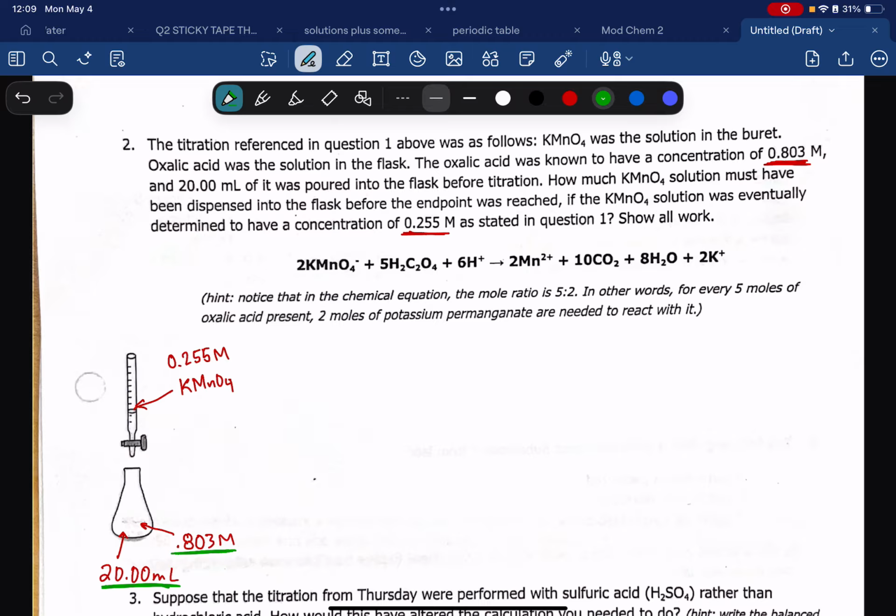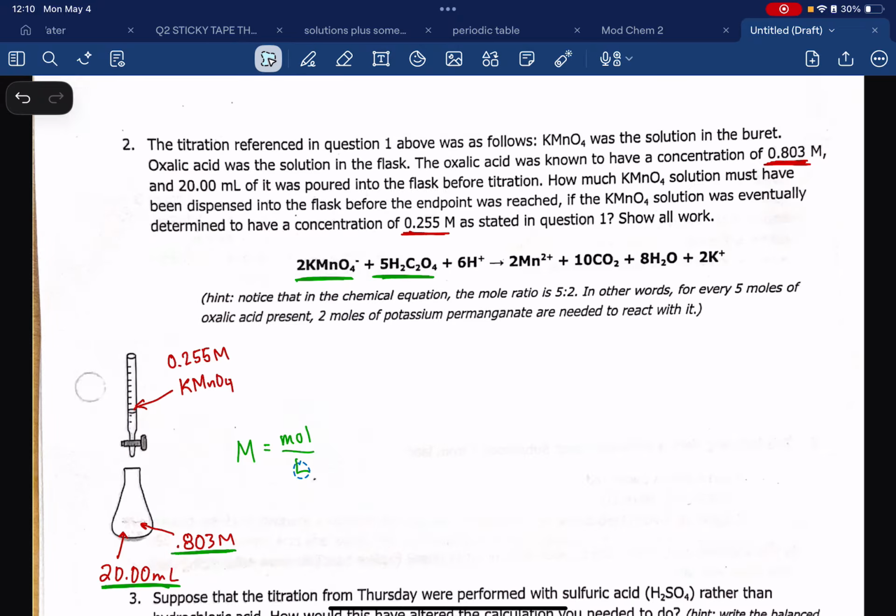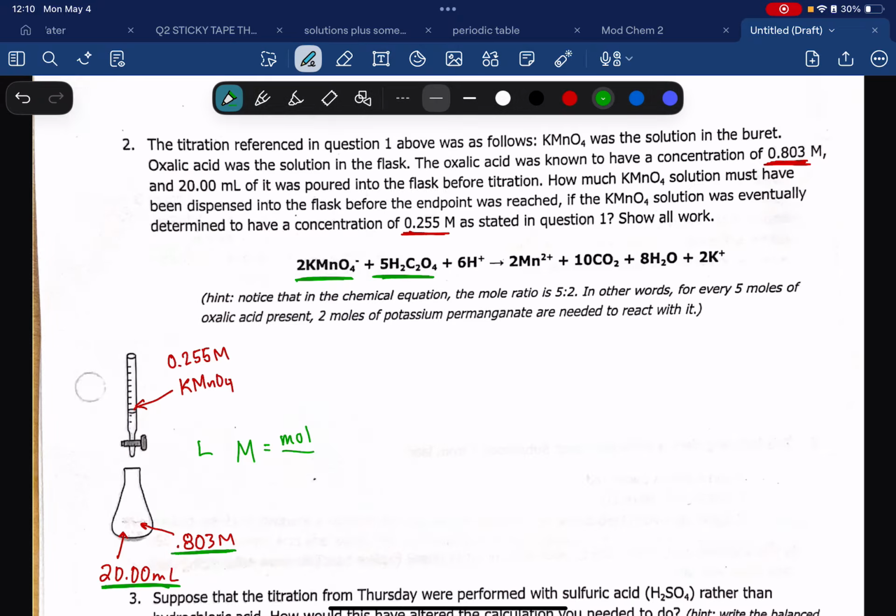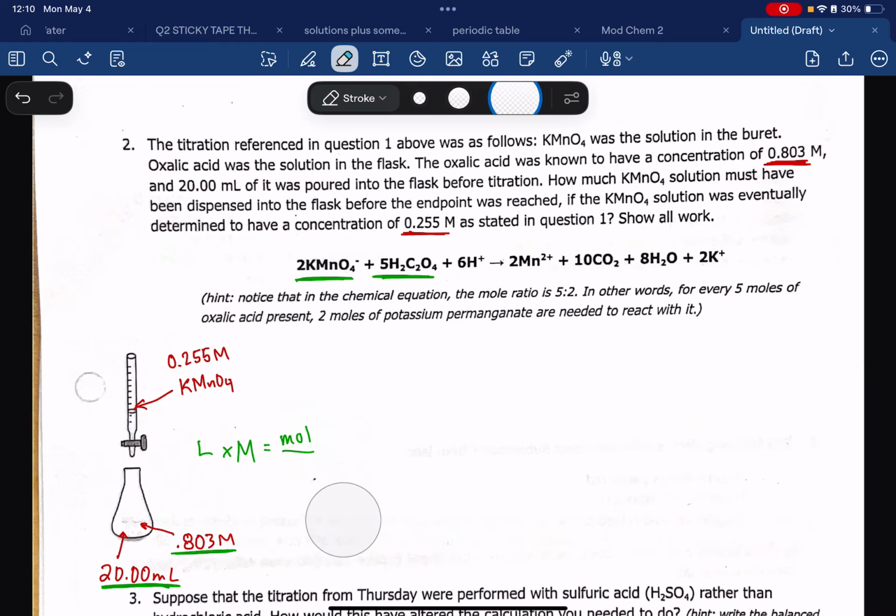And once I have moles of oxalic acid, I'll be able to use my mole ratio between oxalic acid and potassium permanganate to figure out how many moles of potassium permanganate are required to react with all of those moles of oxalic acid. So let's do that first step. We know that molarity is equal to moles divided by liters, and we have molarity and we have liters. So to get moles, we'll just, of course, multiply just like that.